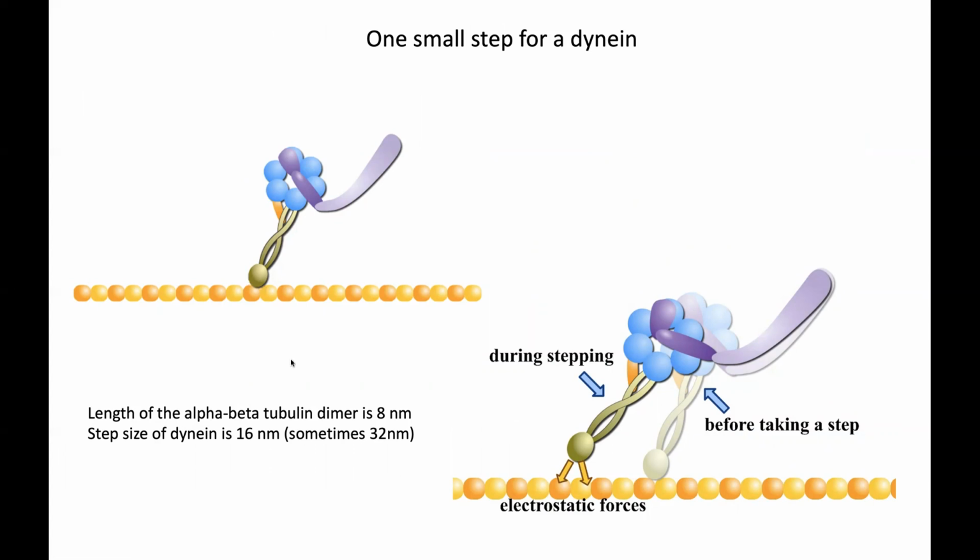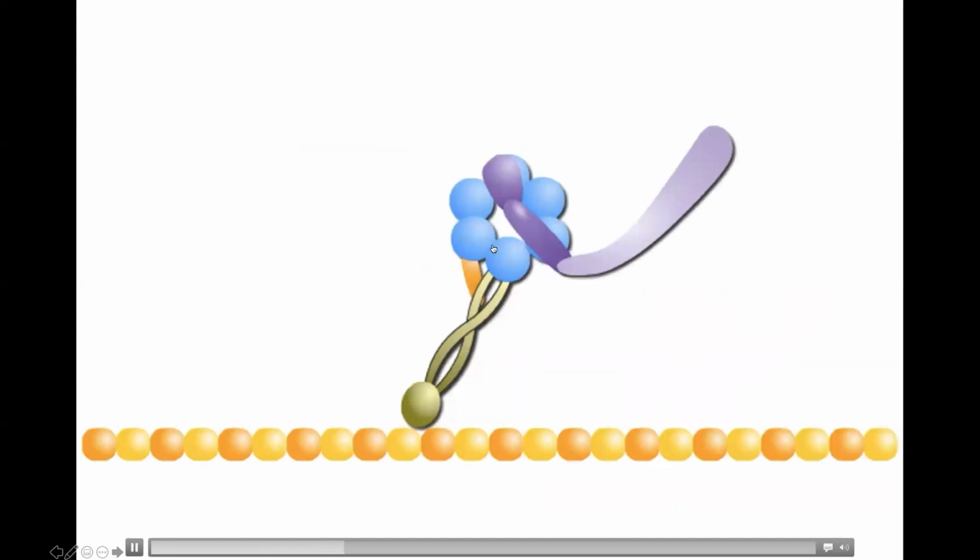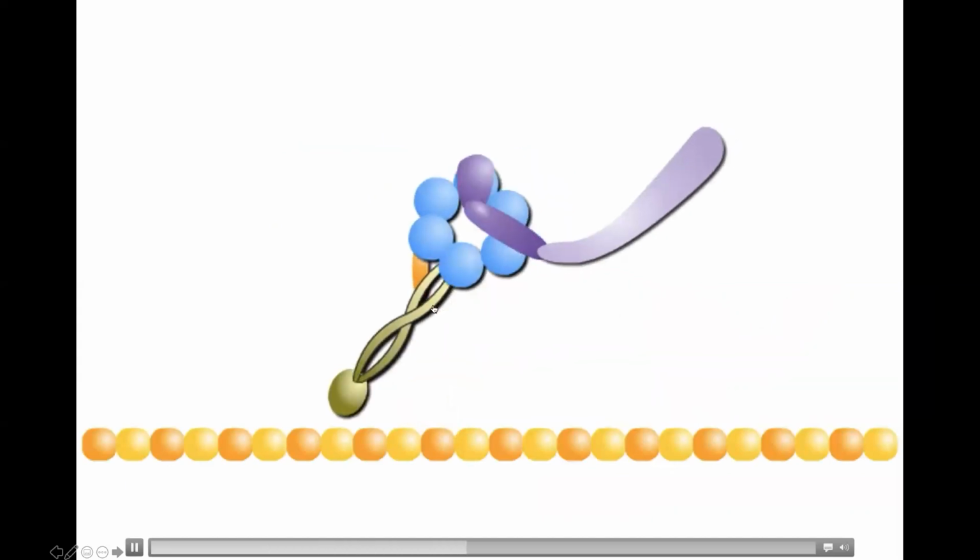So the full story of the one small step for dynein should be something like this. First, the linker has some configuration change, which rotates the ring and moves the leg forward.